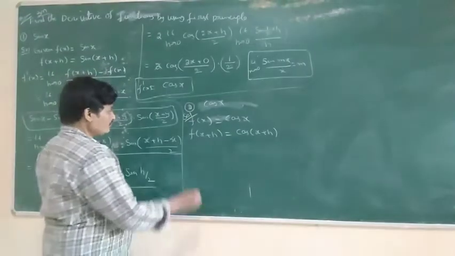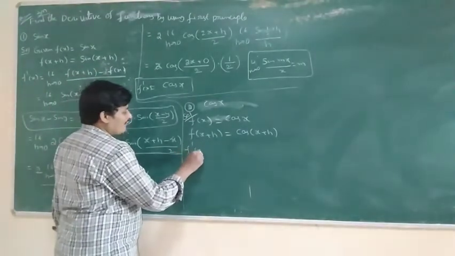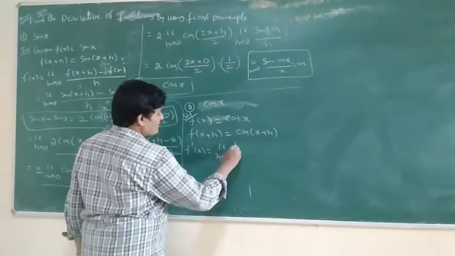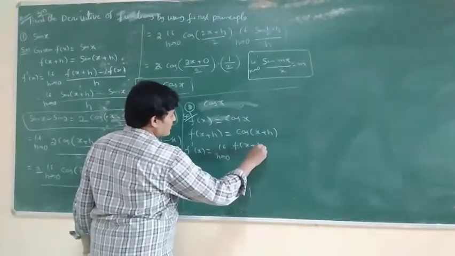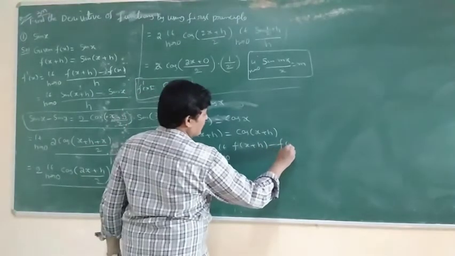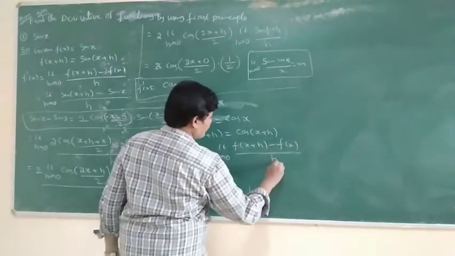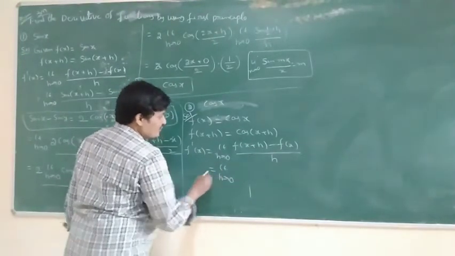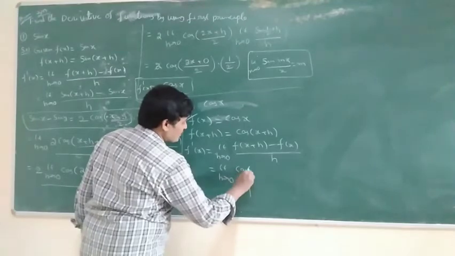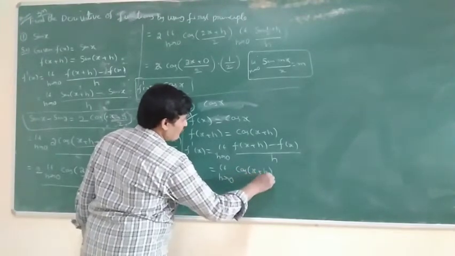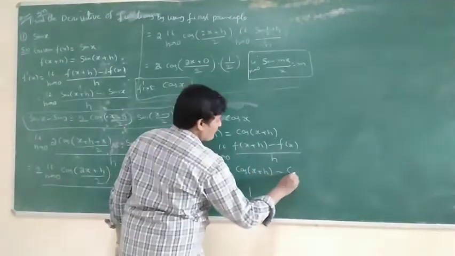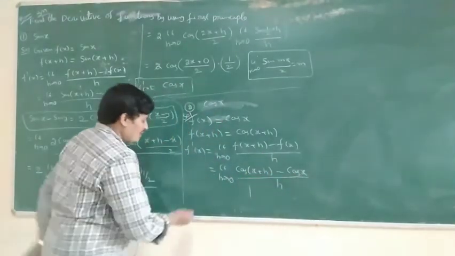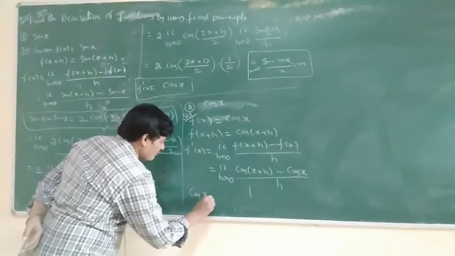What is the formula? f dash of x is equal to the limit as h tends to 0 of [f of (x plus h) minus f of x] by h. That is equal to the limit as h tends to 0 of [cos of (x plus h) minus cos x] by h. What is the formula? The trigonometry formula.